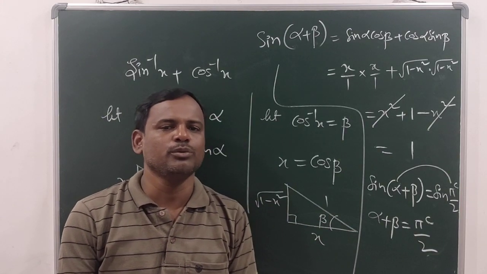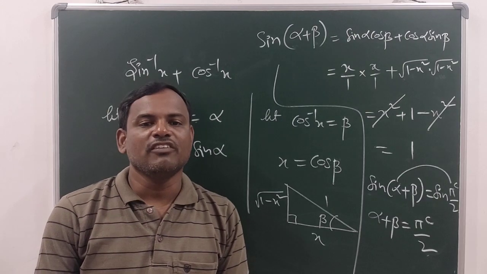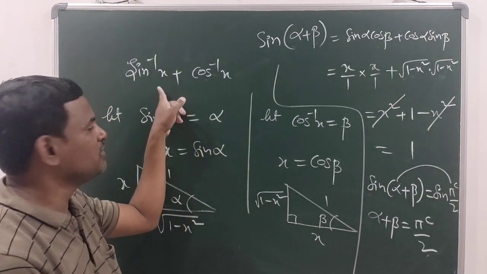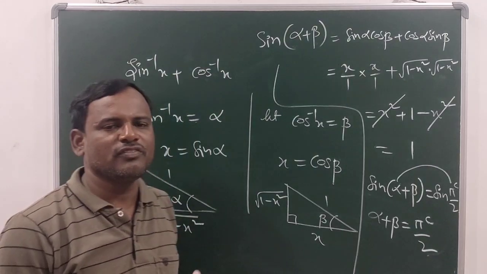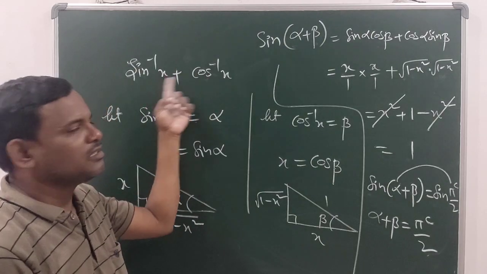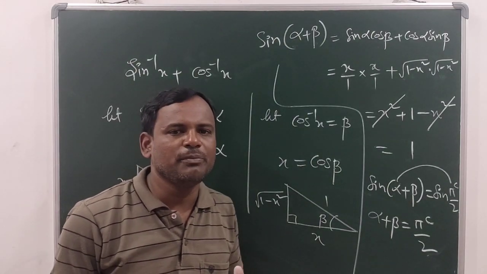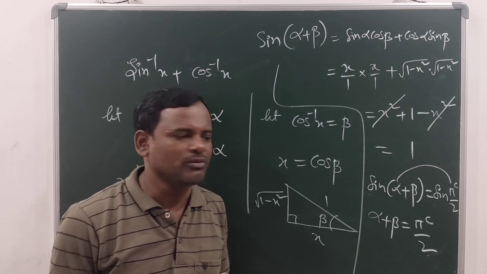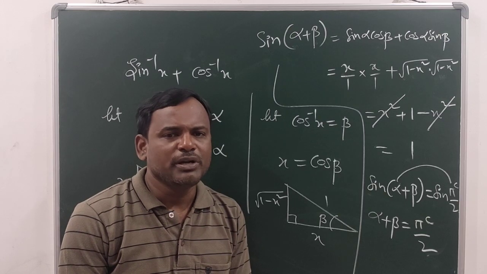Pi by 2. Observe that x belongs to the closed interval of minus 1 to 1, because the domain of sin inverse of x is the closed interval of minus 1 to 1, and the domain of cos inverse of x is also the closed interval of minus 1 to 1. So the domain of the total compound function will also be the closed interval of minus 1 to 1, whose sum is equal to pi by 2.